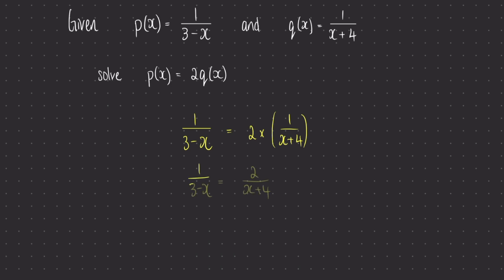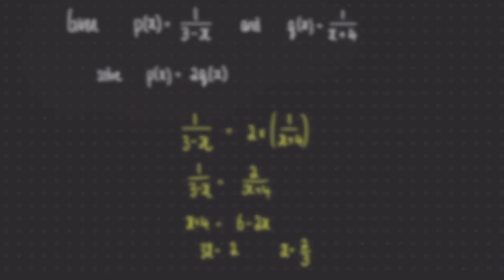Let's expand. So this becomes now an algebraic fractions question. We can times both sides by the bottom of both fractions, and so we get our final answer, x equals 2 over 3. In this example, we took our functions and we created an equation in order to solve for the value of x that satisfies the condition given.